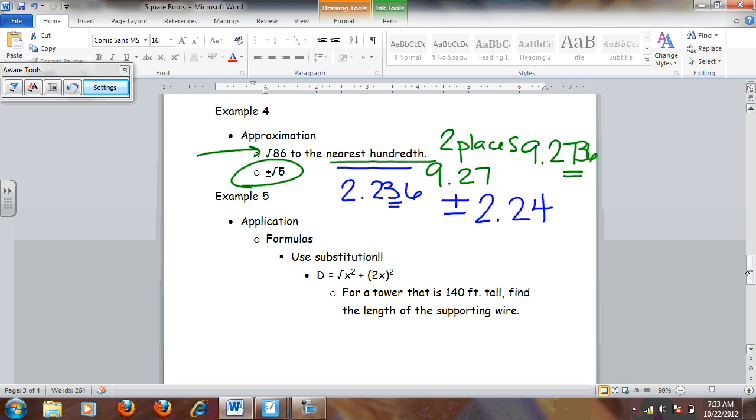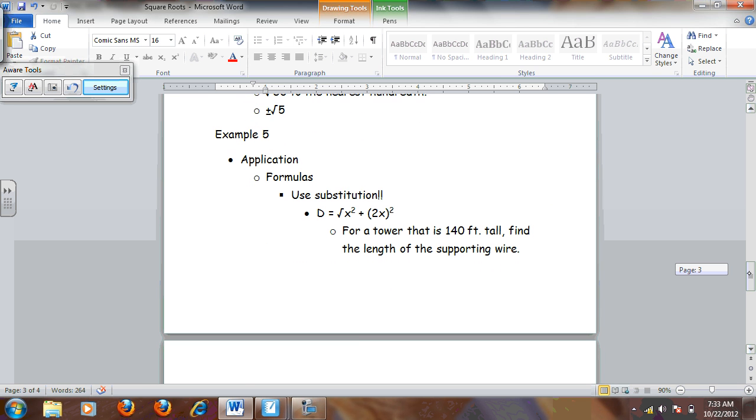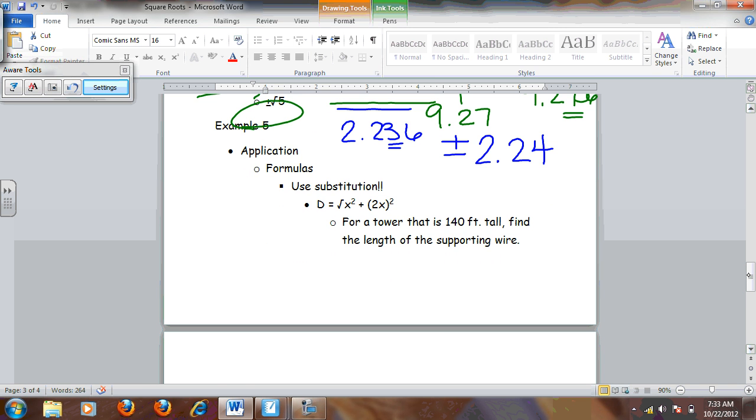Many formulas will use the square root and squaring. So let's look at our last example together. We're going to use this formula, the square root of x squared plus 2x squared. The square root of all of that. My computer wouldn't do that, but it should really look like this. It's on page 178 in your textbook. When you have formulas like this, all we're going to do is use substitution.